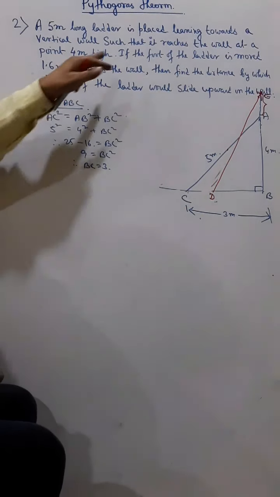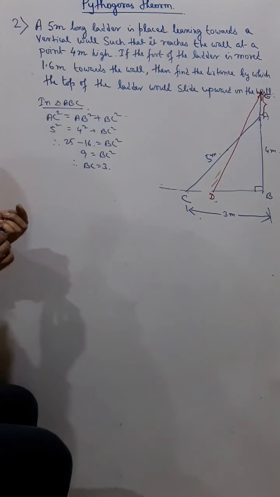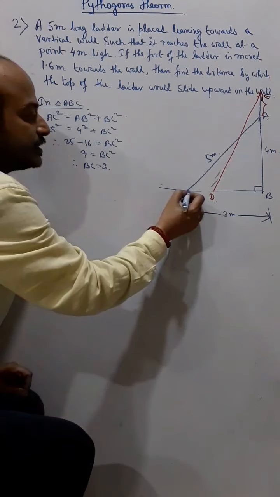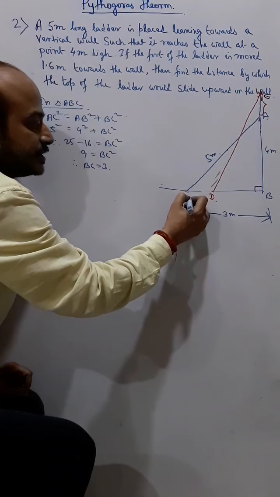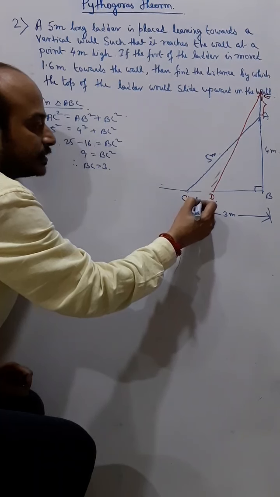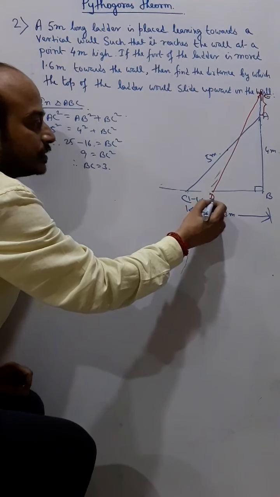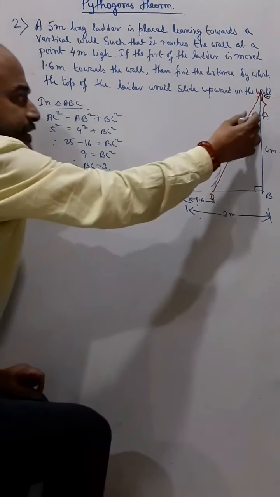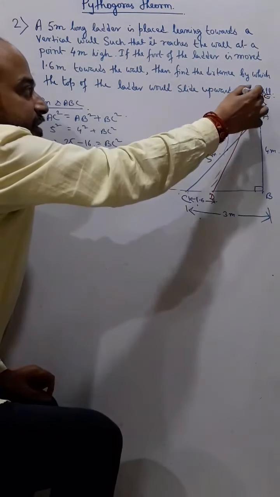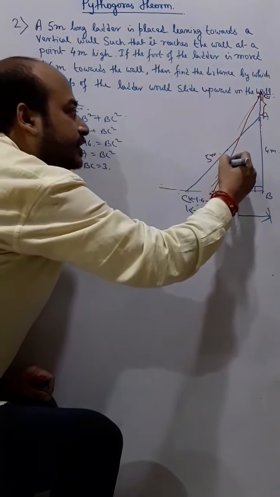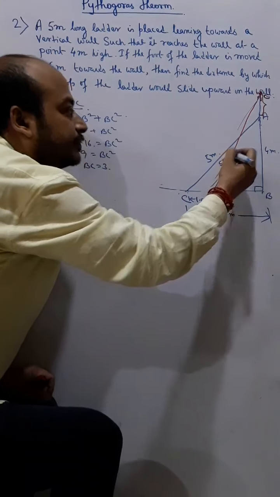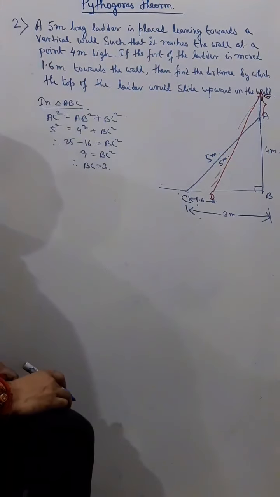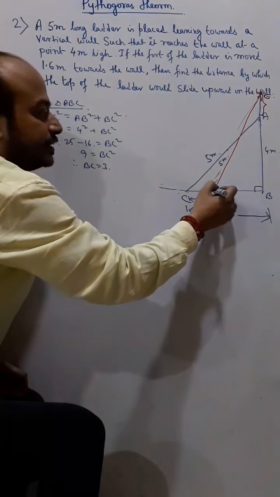Now they told if the foot of the ladder is moved 1.6 meter. So that means this distance is 1.6. And since the ladder is same, so that means this ED is 5 meter. So now we can get BD, right?